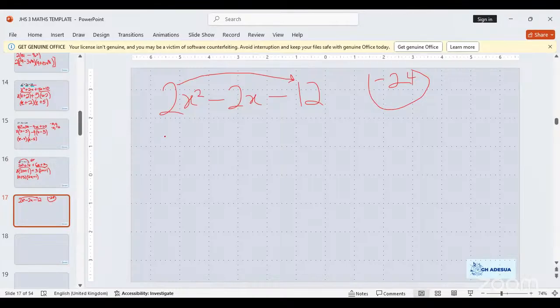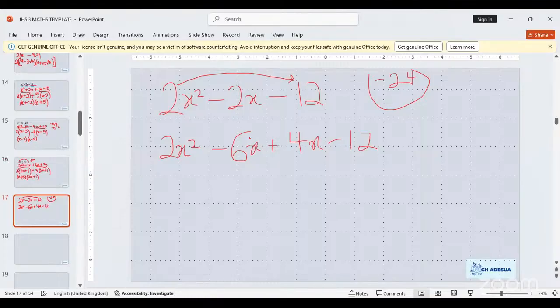So let's use it. 2x squared minus 6x, because it says negative 6 and 4, plus 4x minus 12. Good. As for the 24, it just helped us to find our two numbers, but we don't use it in our equation. Okay, great. What's the next step?